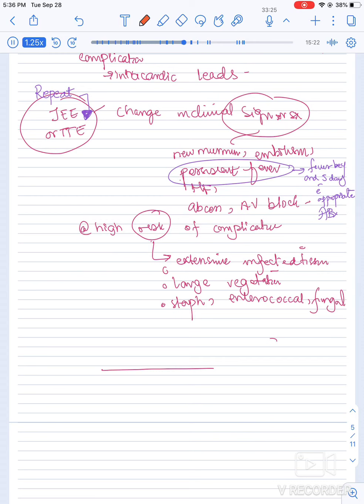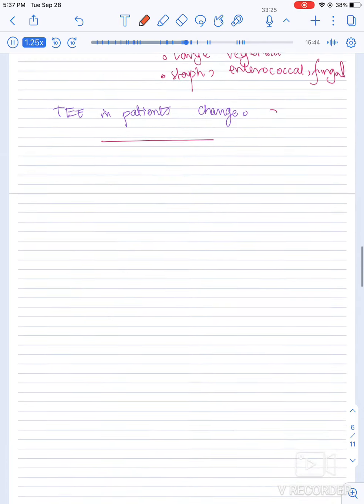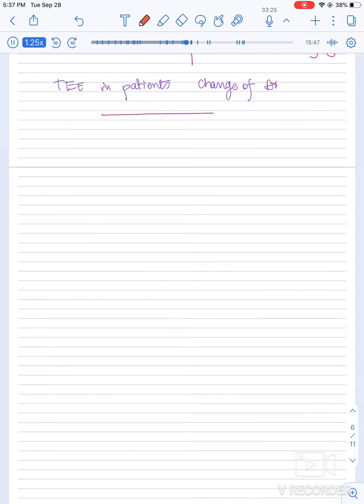On the other hand, TEE should be considered in patients who are undergoing surgery, and in those patients, intraoperative TEE is recommended. Now, another thing is to consider TEE in patients who will undergo change of antibiotics early on from IV form to oral form.